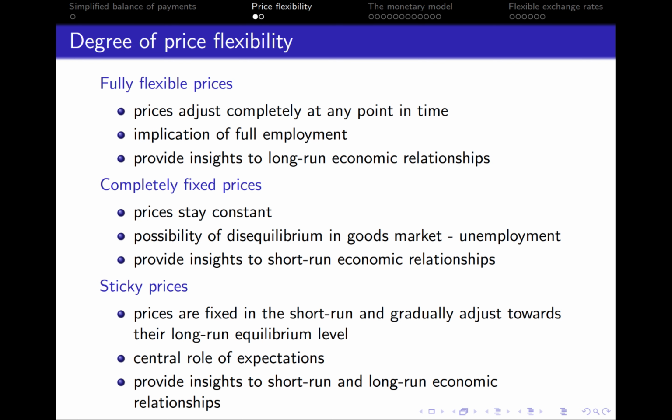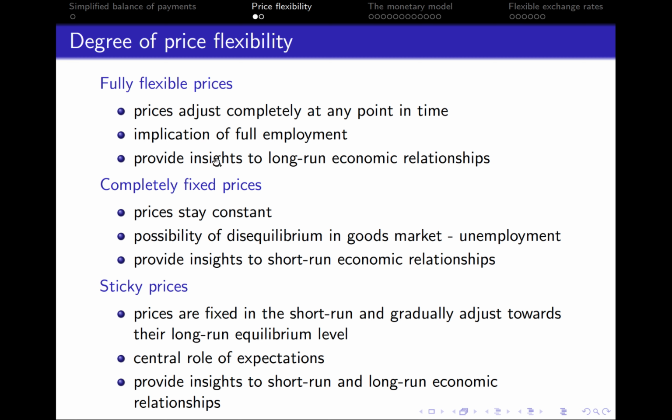Now, look, for demonstrative and modeling purposes we generally distinguish 3 different types of price flexibility. The first one is fully flexible prices, which means that prices adjust to changes in economic conditions completely at any point in time. This is the type of adjustment we expect to have in the long run.